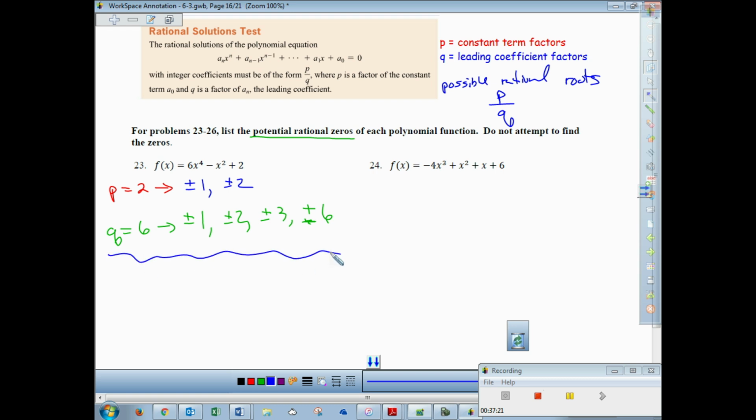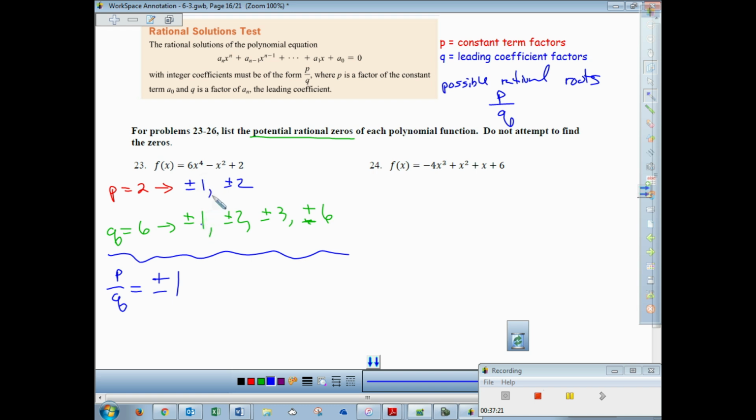So, P over Q could be. I do every blue number one at a time over every green number, right? You will have plus or minus 1 over 1, which is plain old 1, right? 1 over 1, right?